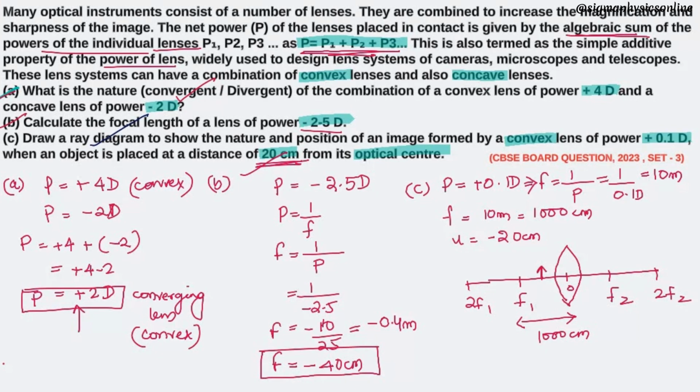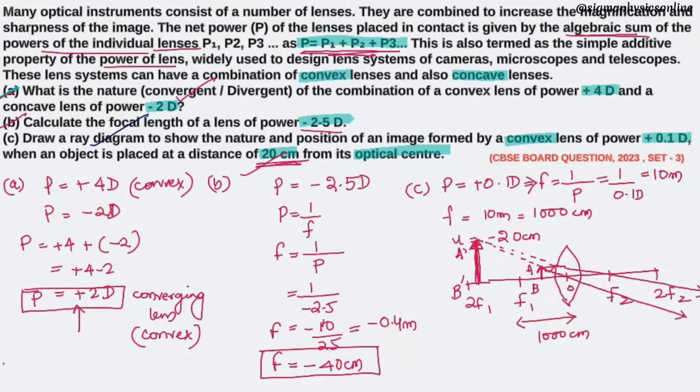If we draw the ray diagram for this, one ray will go parallel to the principal axis. After refraction, it will pass through F2. Then another ray will pass through the optical center undeviated. Now in order to get the image, we have to trace these two rays backwards. So we see that these two rays meet over here. So here will be the point. If this is A, B, this will be A dash, B dash.